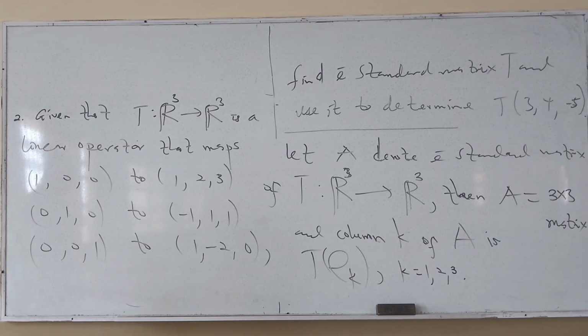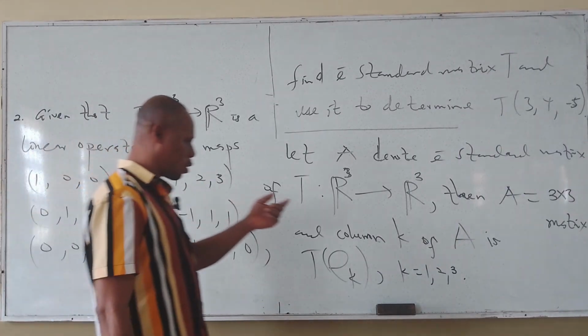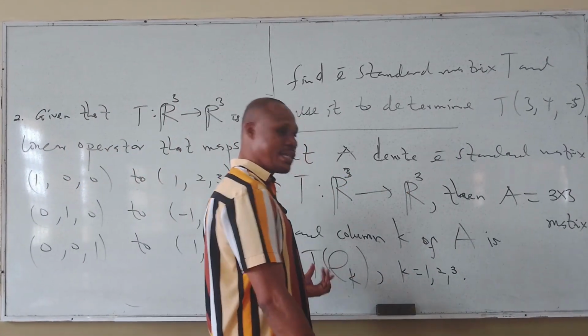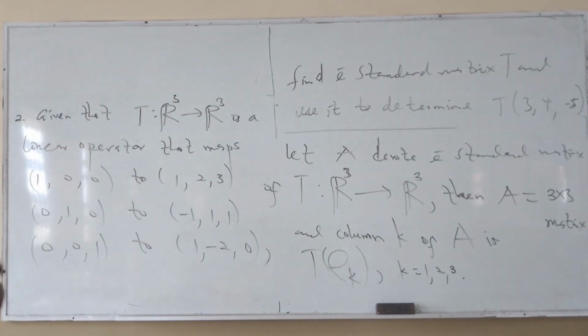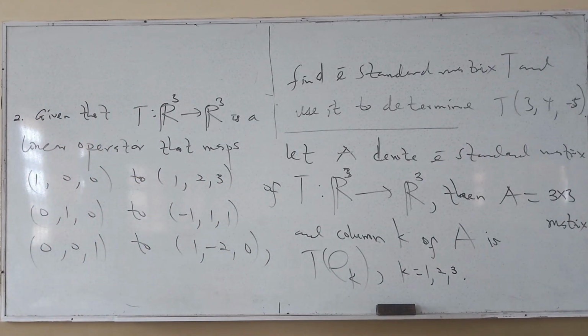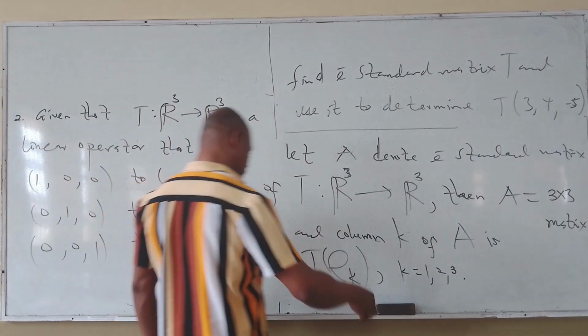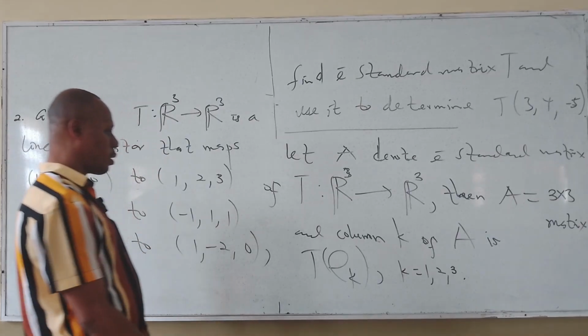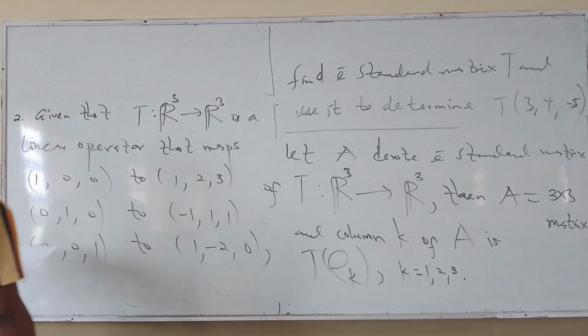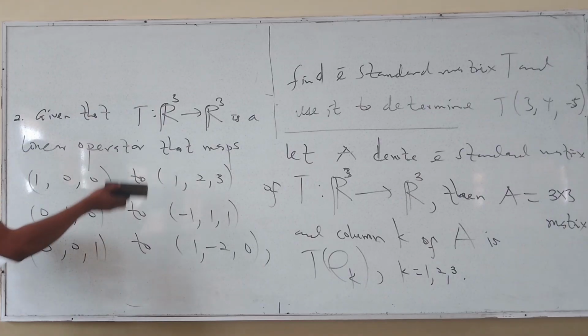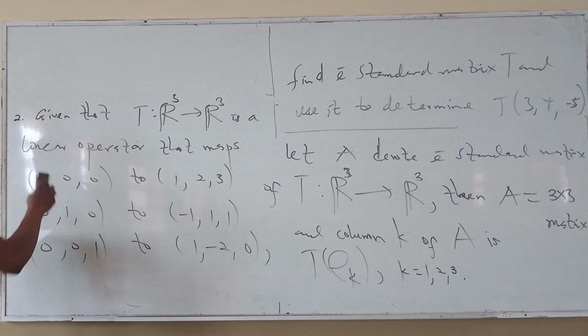You said that the columns of the standard matrix are the T of E K. So if it's a 3 by 3, then you expect T of E1, T of E2, T of E3. Full stop.